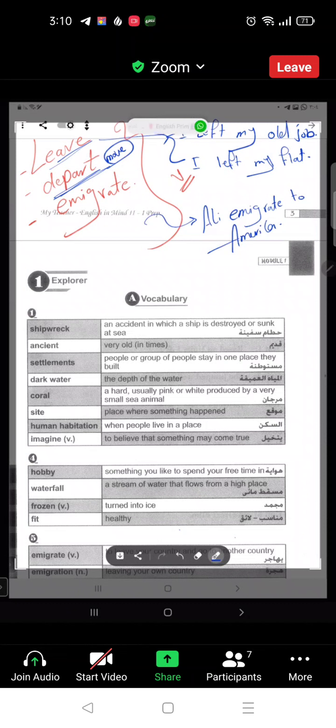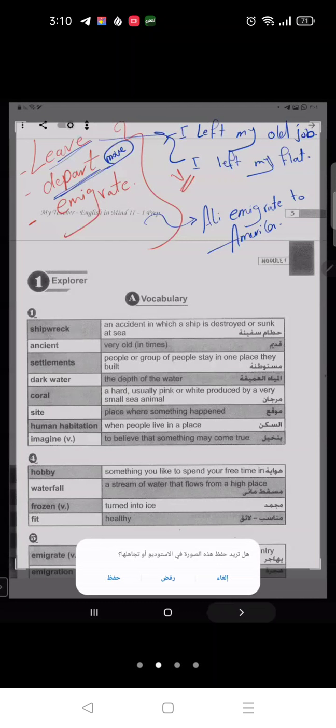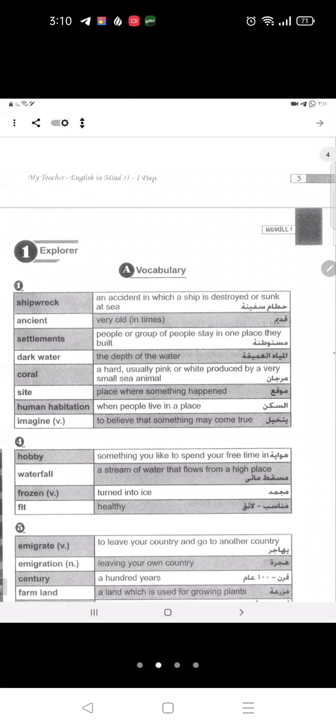And he immigrates to America. So, the word emigrate means to leave your country and move or go to another country. Is it clear? Clear. Okay.